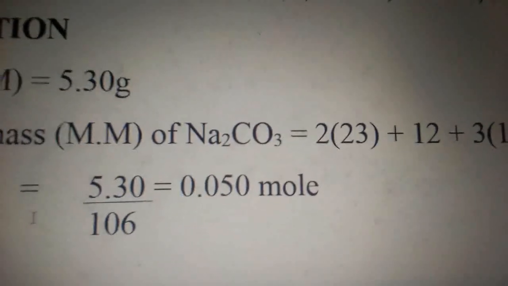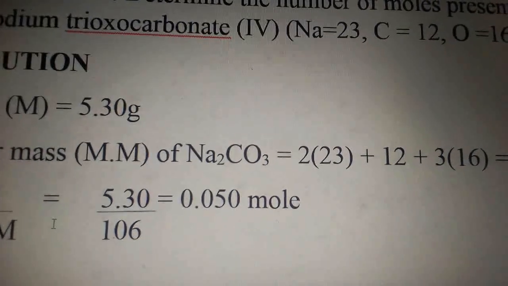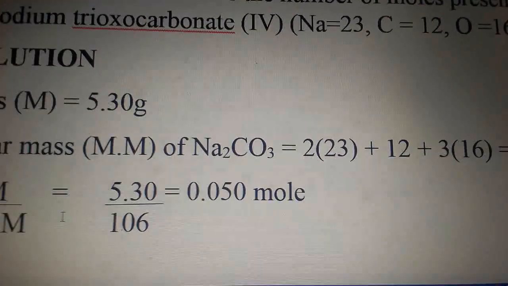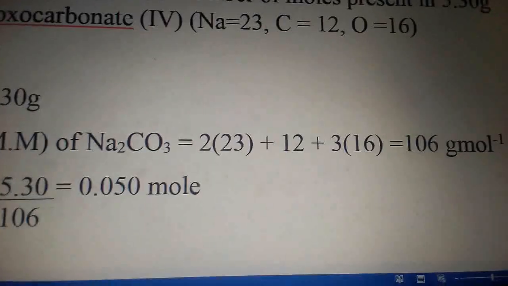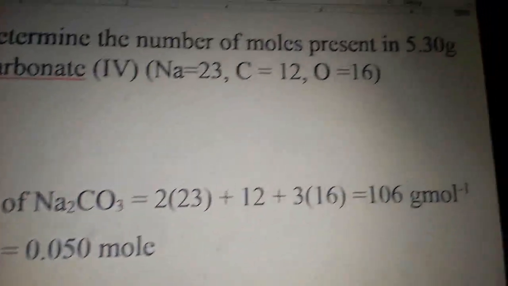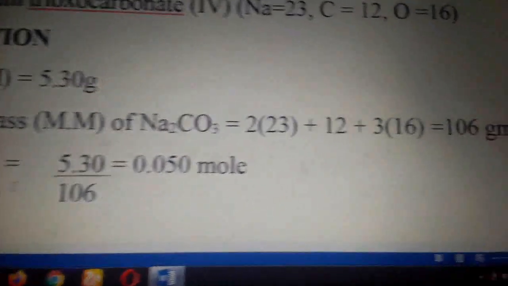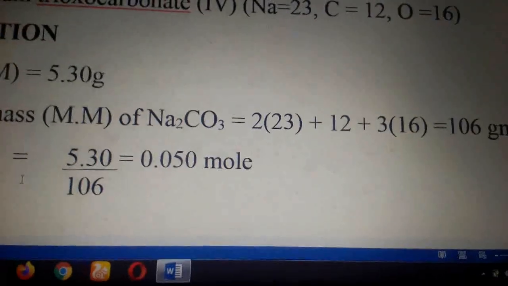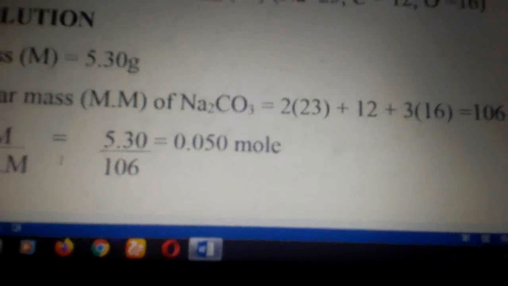Like a kind of preview. In that compound, sodium maintains a valency of +1, while the carbonate ion maintains a valency of -2. So when they combine, carbonate will donate a valency of 2 to sodium. That way you have Na2CO3. So find the molar mass of sodium carbonate, with the values in brackets. Sodium is 23 times 2 atoms, plus carbon, which is 12, plus oxygen, which is 16 multiplied by 3, since there are 3 atoms in the formula.